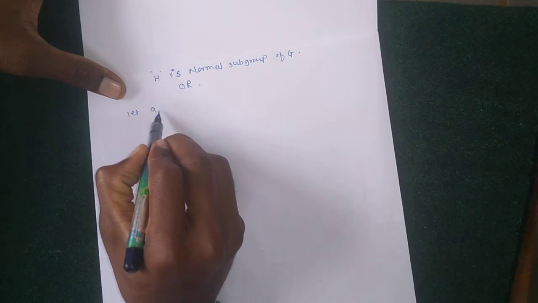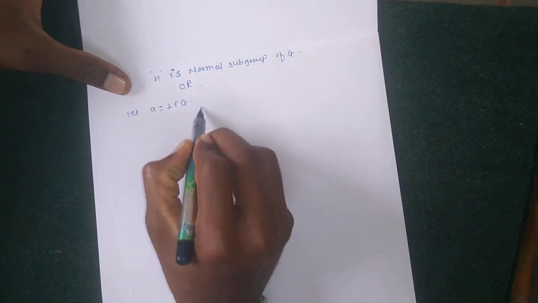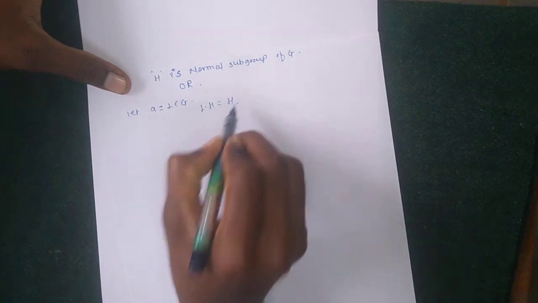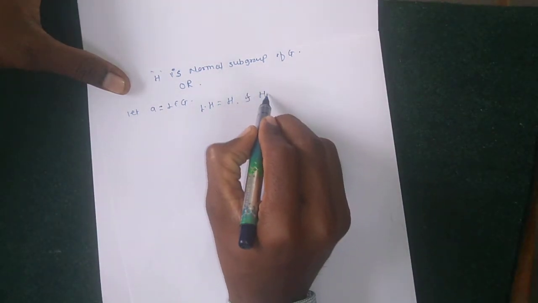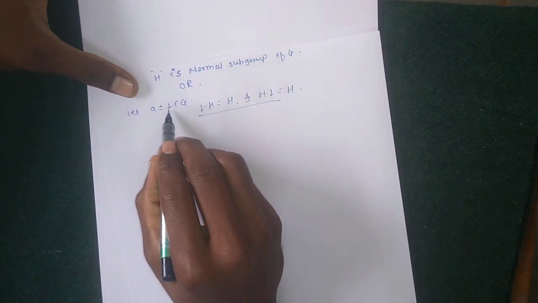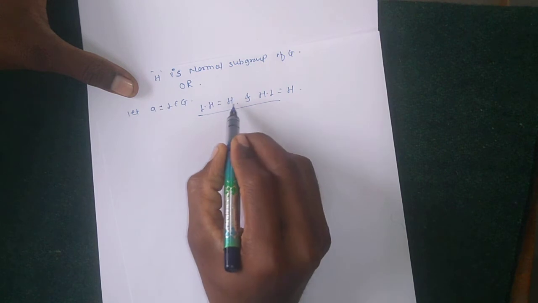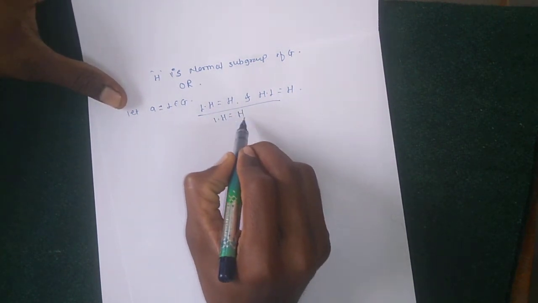Let a equal to 1, which belongs to G. Then 1 times H equals H itself, and H times 1 also equals H, as found in the previous lecture. So for 1, the left coset equals the right coset.